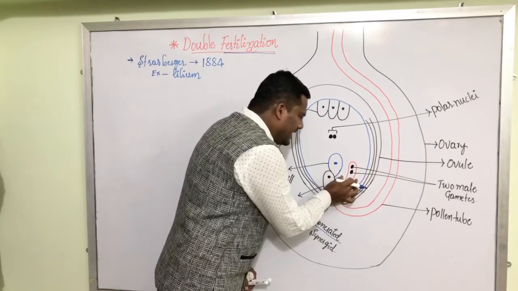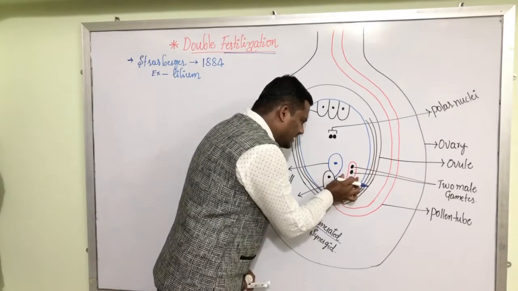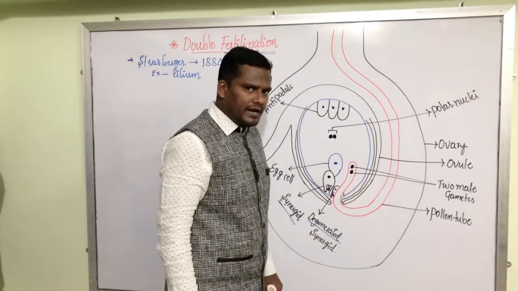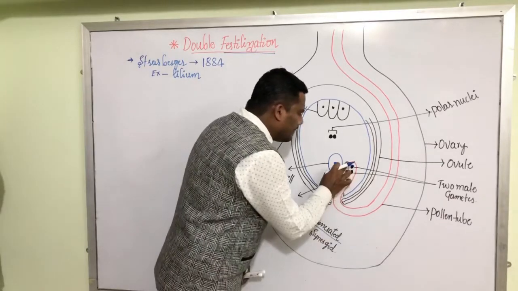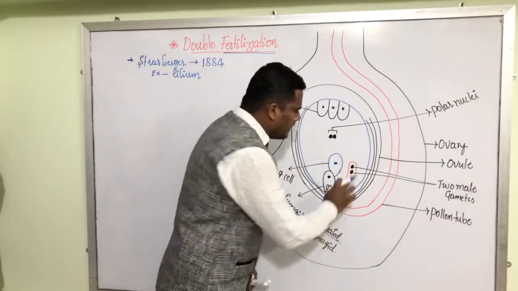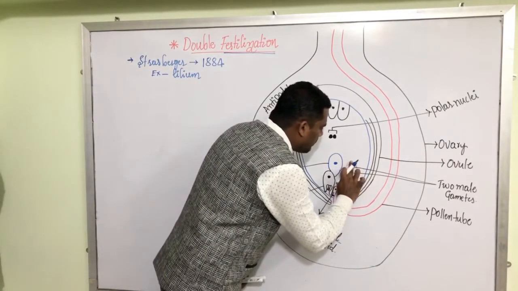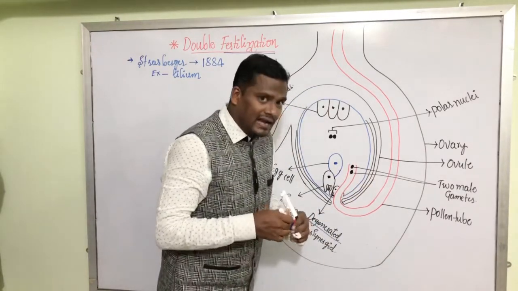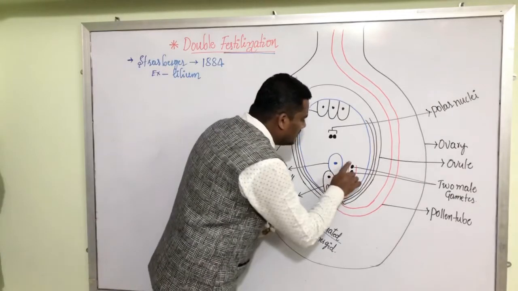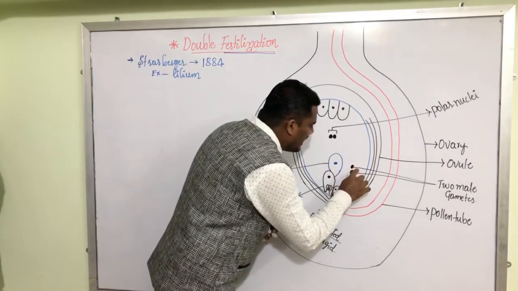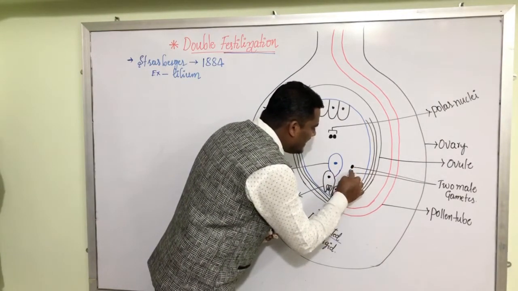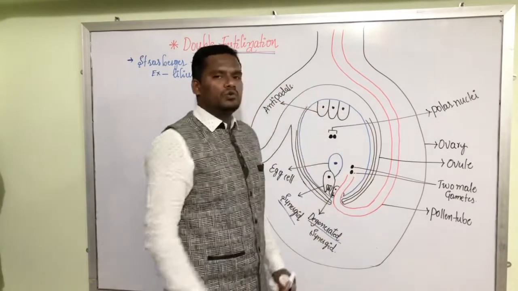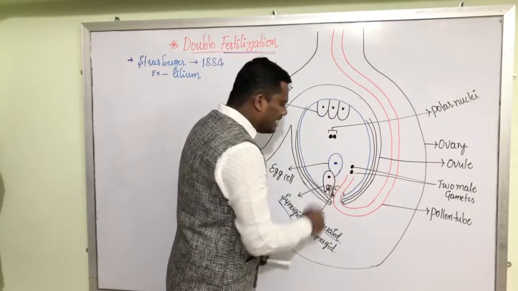After the pollen tube enters the ovule, the tip of the pollen tube breaks. As a result of that, the two male gametes are released in the embryo sac. These two are the male gametes.